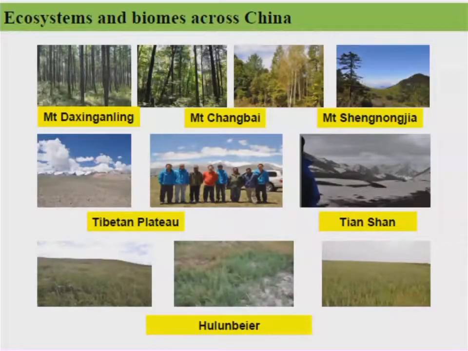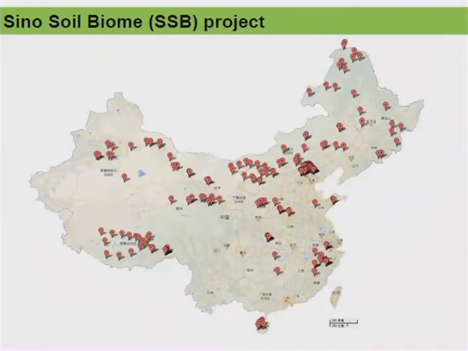So in China, we collect samples from the very north to the very south, very east to very west, even to the Tibetan Plateau or to some glaciers. So we can collect those samples and study the microbial distribution. So I established what we call the SSB archive.